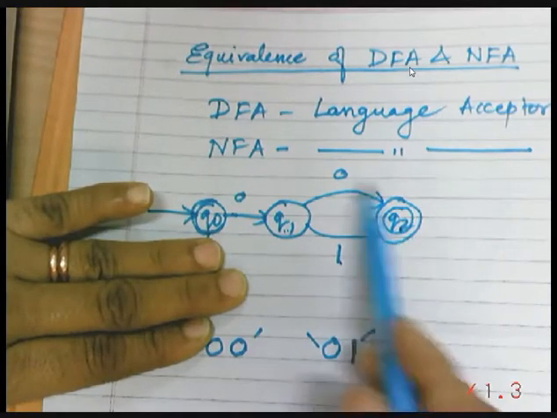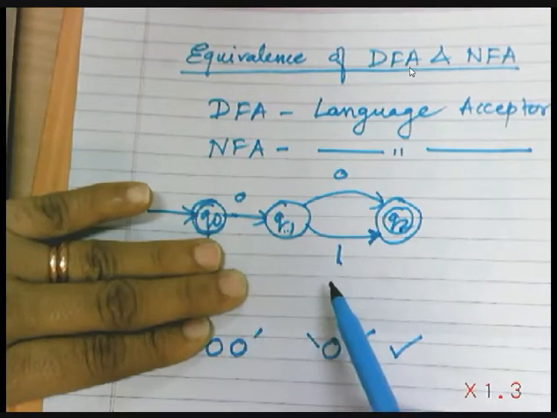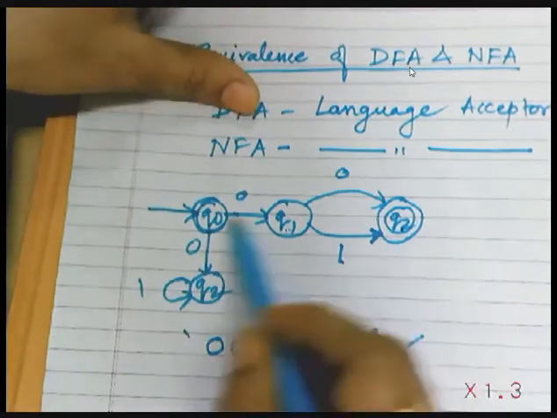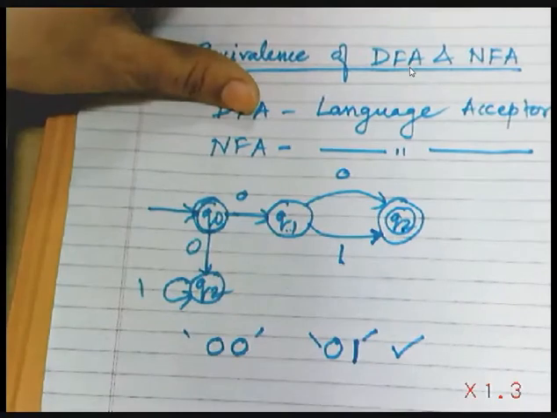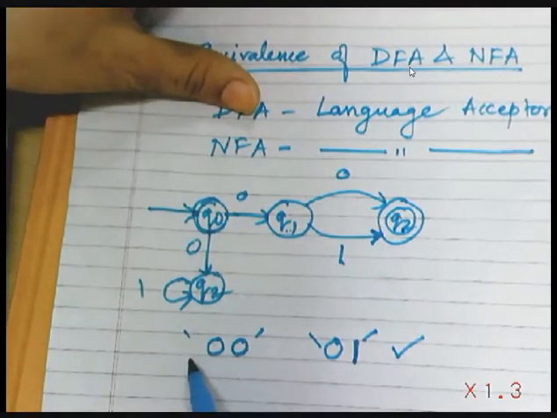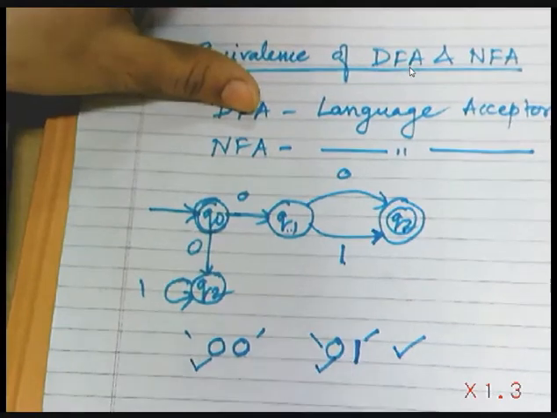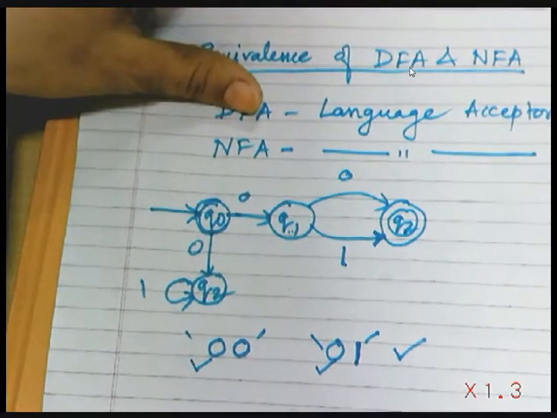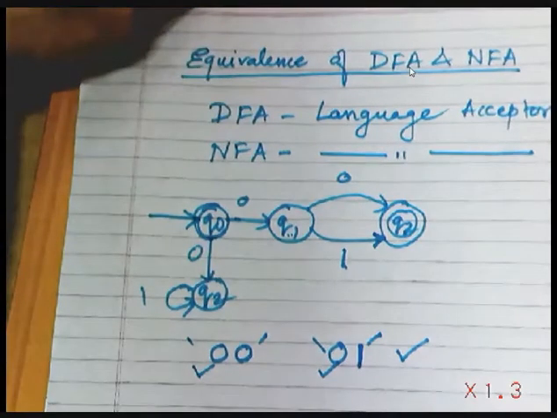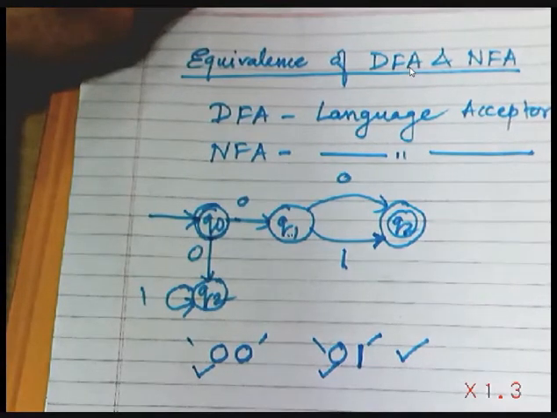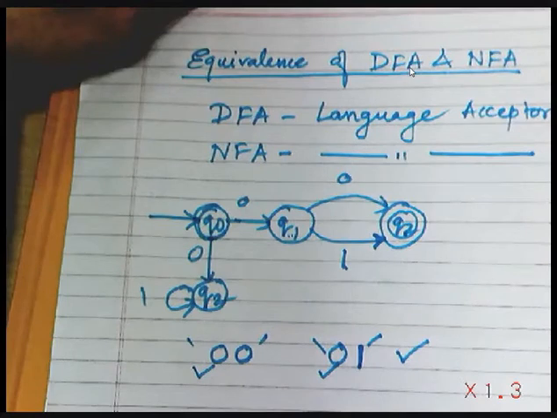So this is now a DFA. What language will be acceptable? Minimum 2. These two are the strings acceptable by this NFA.